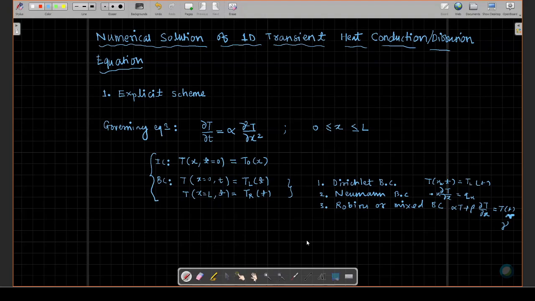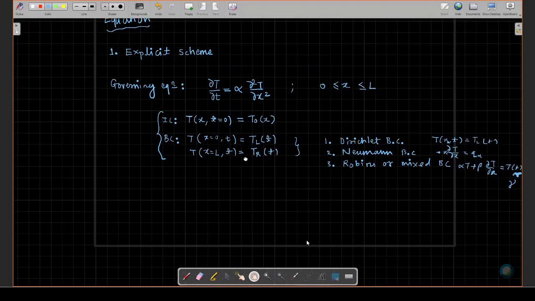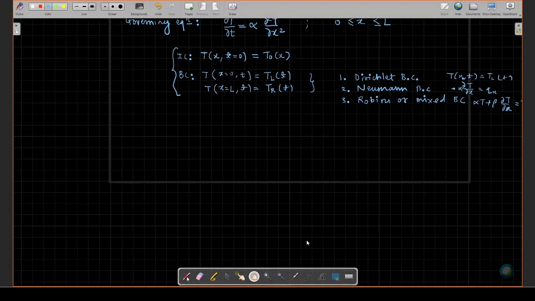Say the initial condition is T as a function of x at t equals 0, say that condition is T naught of x.